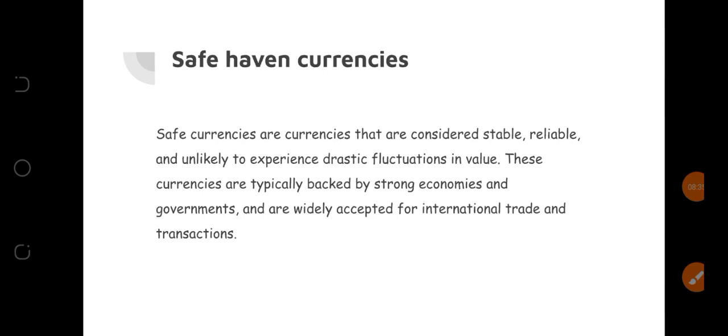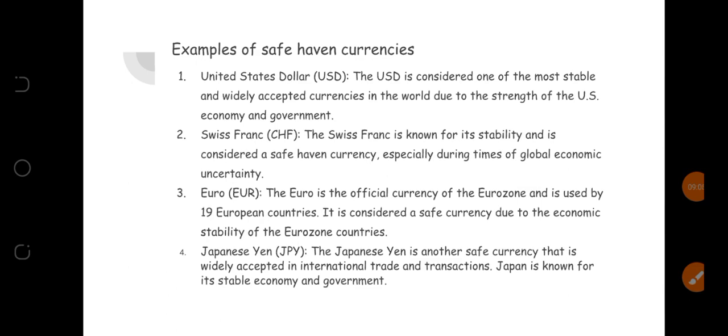During economic shocks, these currencies are able to stand, and people globally are able to invest in them due to their stable nature compared to other currencies. So we are going to show you examples of safe haven currencies.